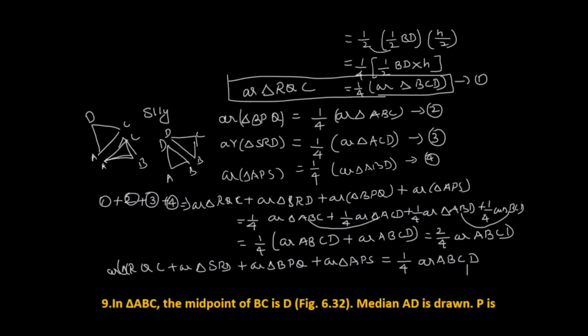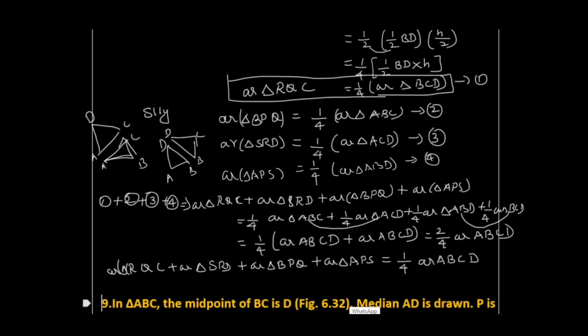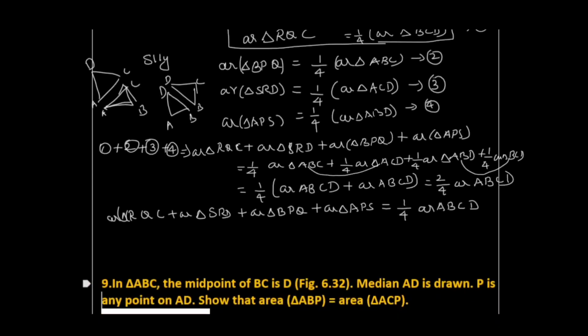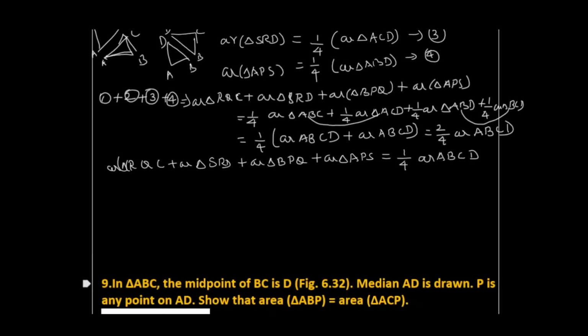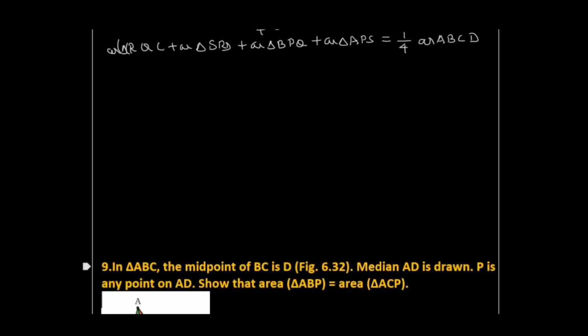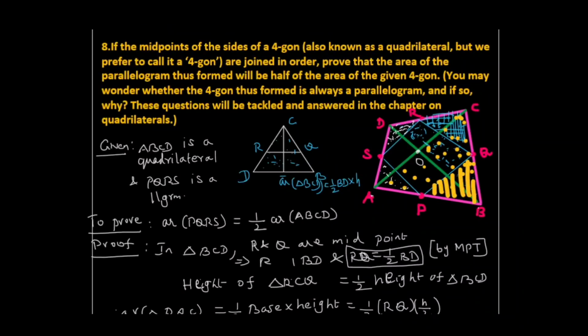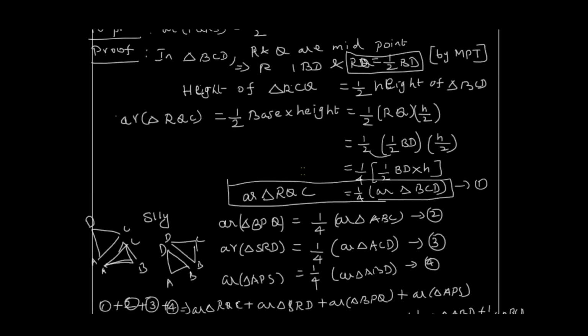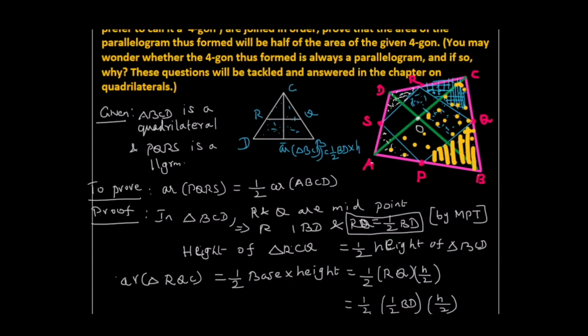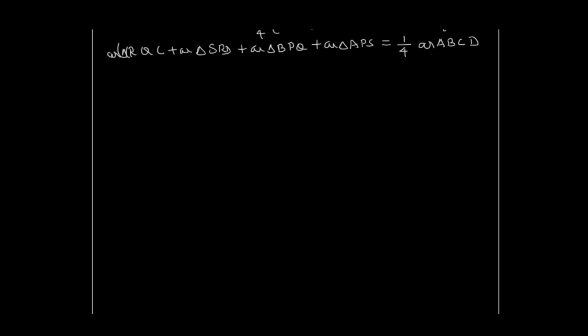So now we need to get the sum of all the small triangles area, nothing but 1/2 area of the quadrilateral, but we need the area of PQRS. So how to write that?